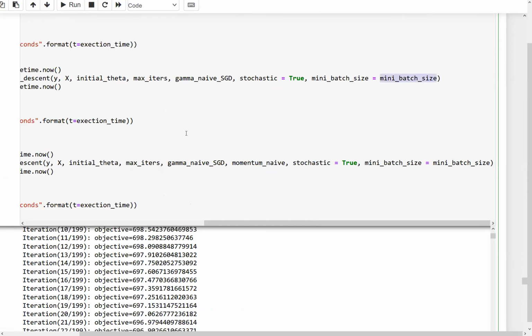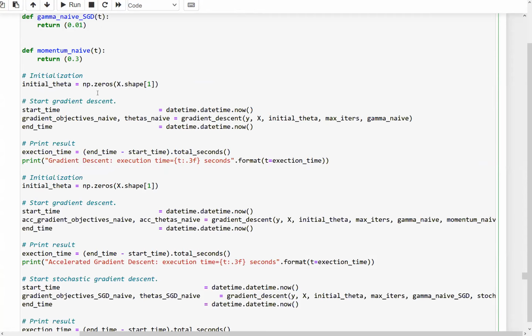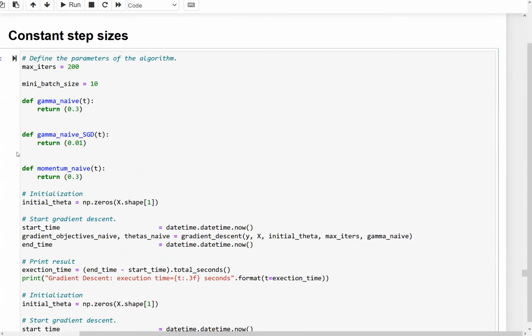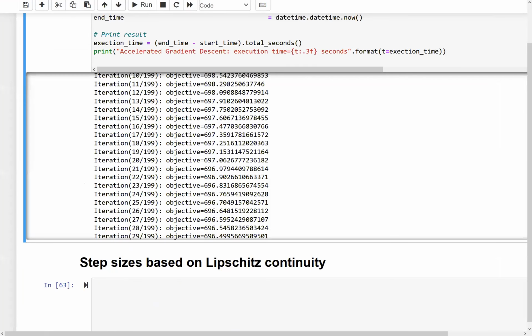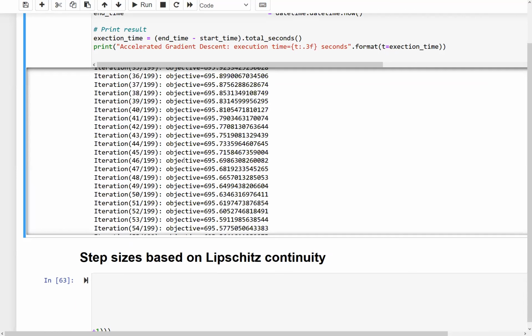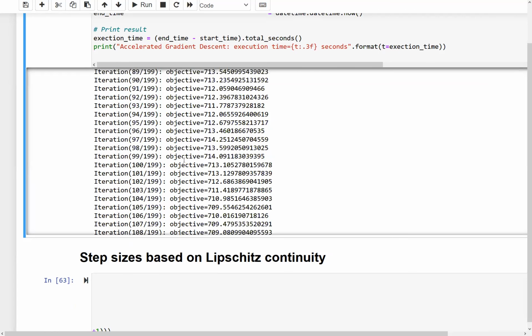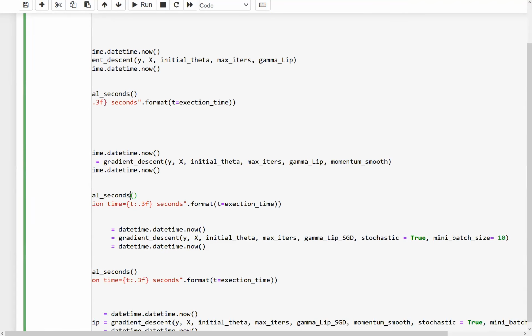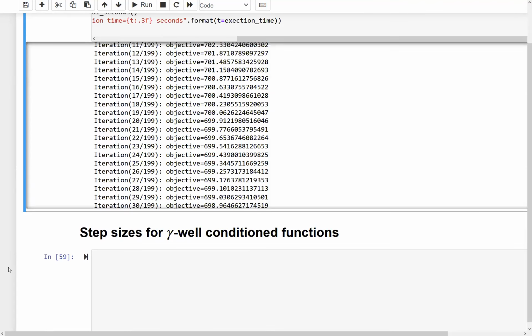So this is working, right? There was no error message, so this should work.